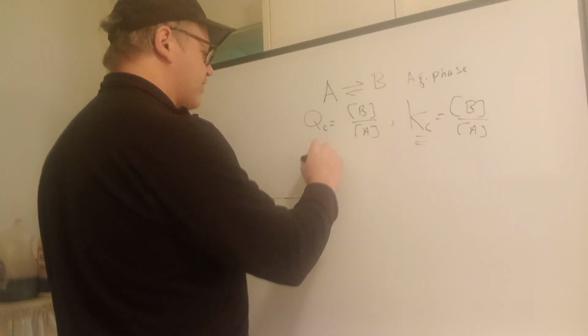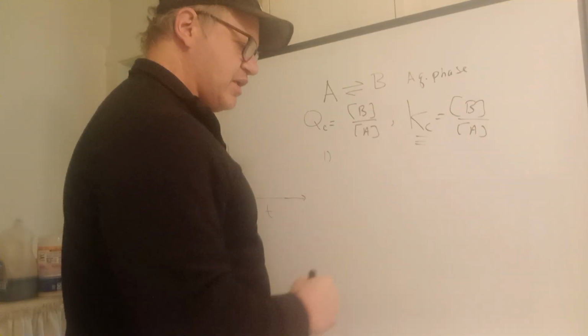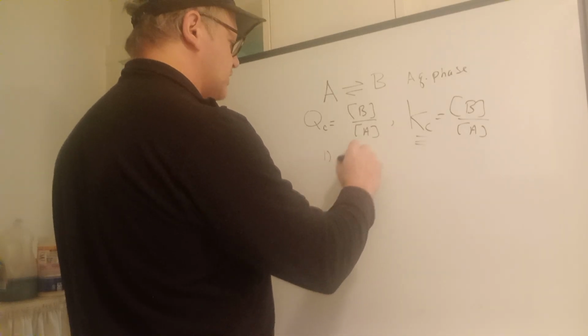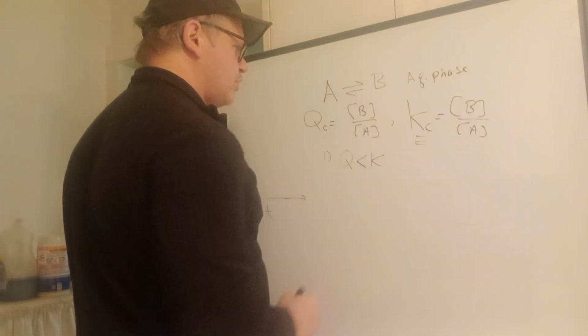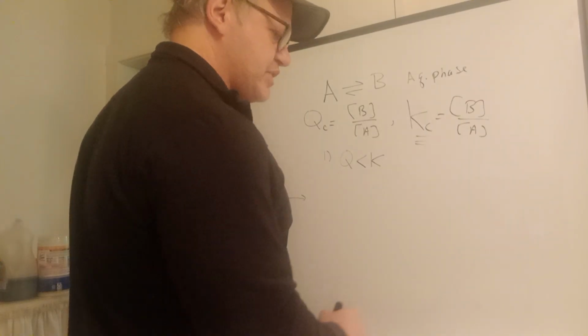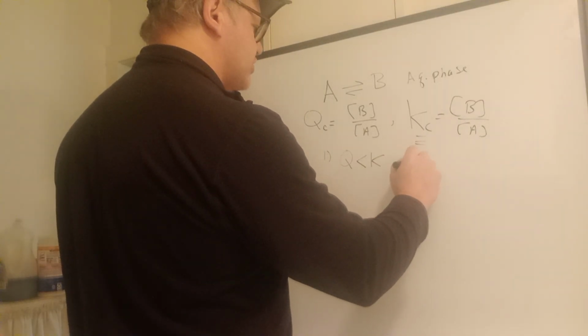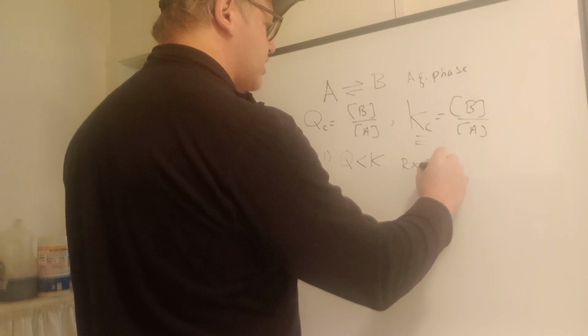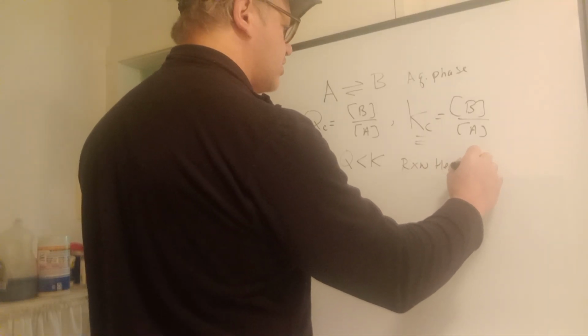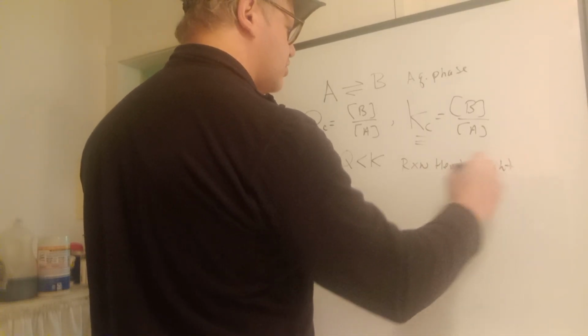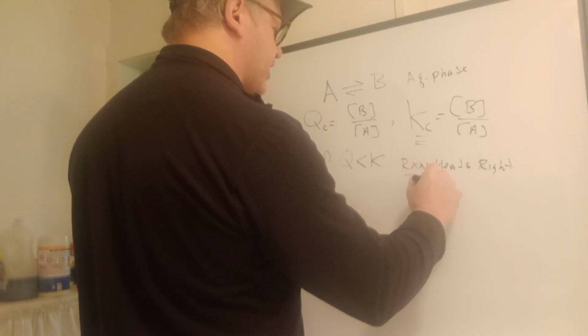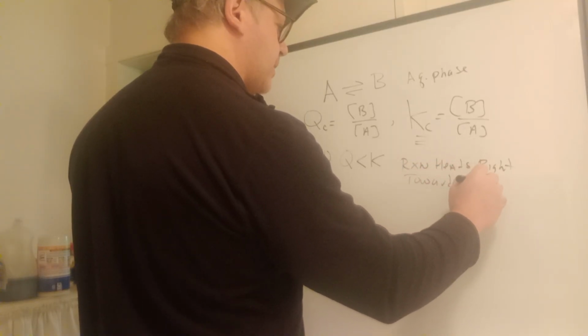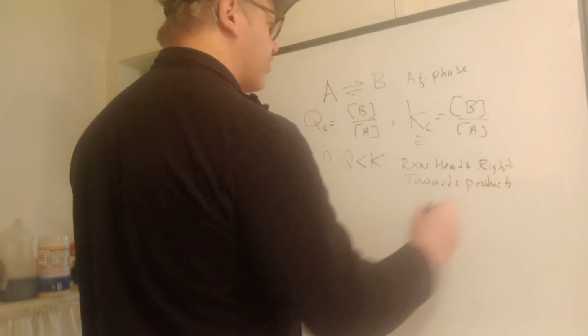Let's take case 1, where Q is less than K. Where Q is less than K, we say in that case the reaction heads right towards products. Why do we say that? Let's look at this here. Well, products are written on the right.